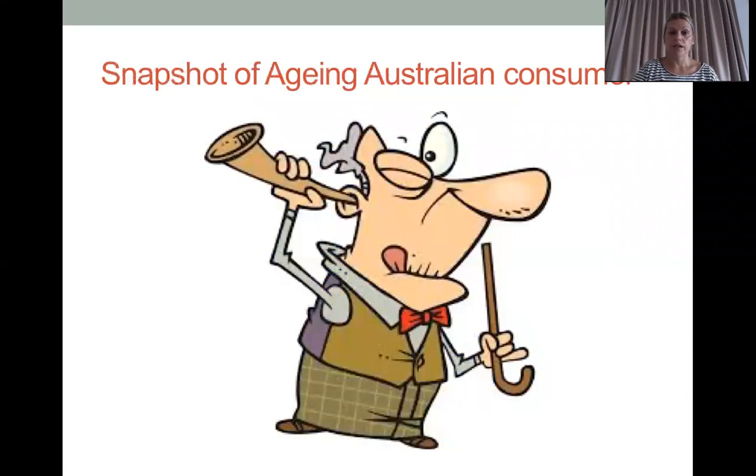So here we have a snapshot of the ageing Australian consumer. And this pictorial representation helps us understand market demand. And understanding market demand means understanding consumer demographics and consumer demand.